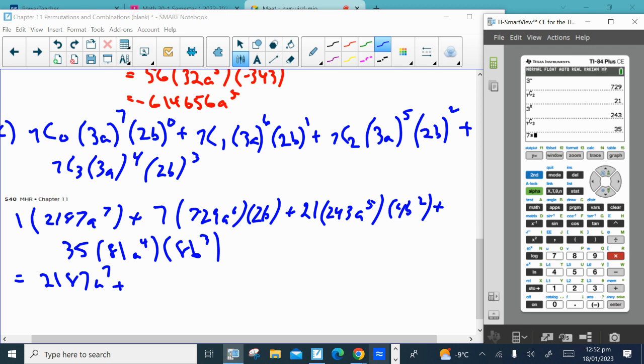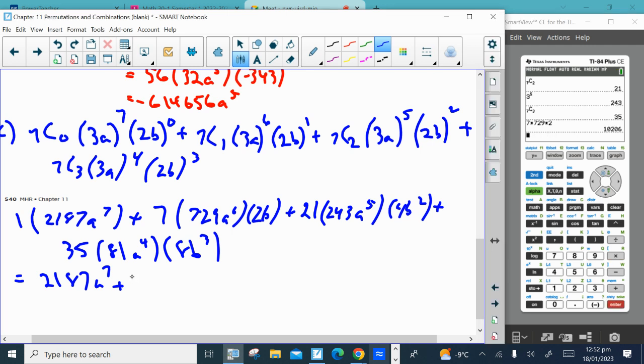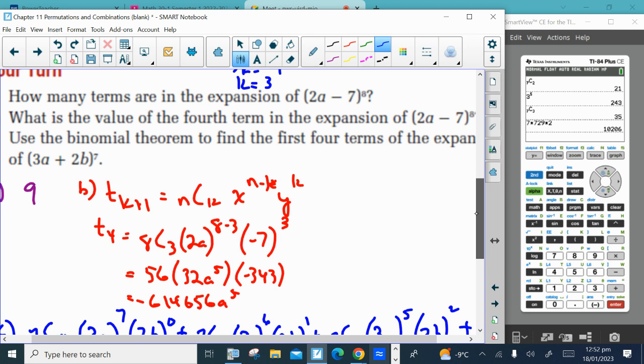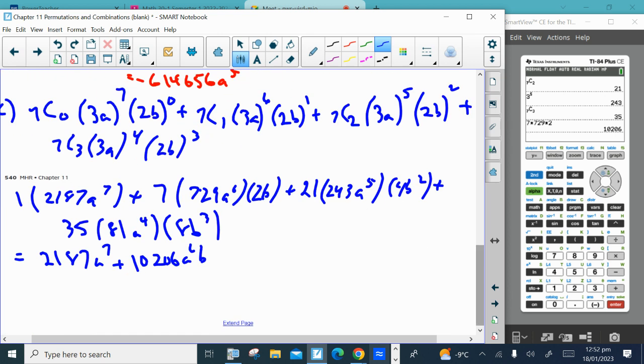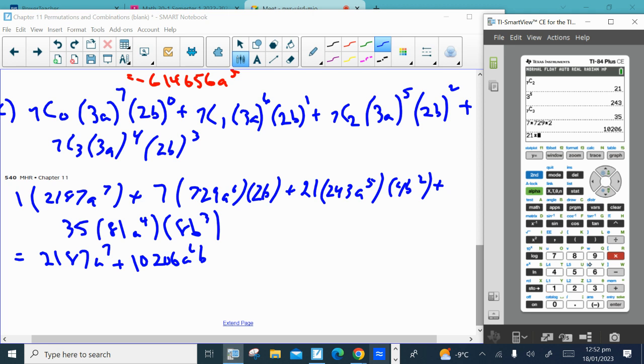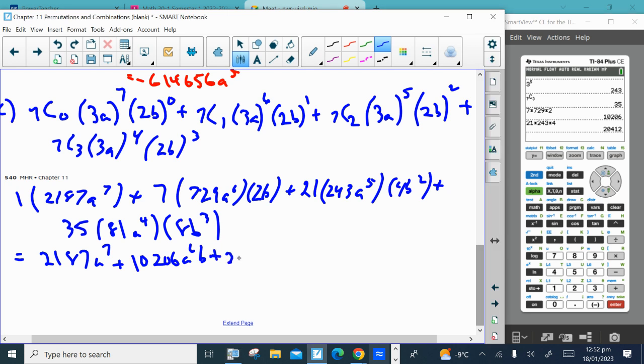So that second term, the coefficient will be 7 times 729 times 2, 10,206, a to the 6th b. The next term, the coefficient will be the product of 21, 243, and 4, 20,412, a to the 5th b squared.